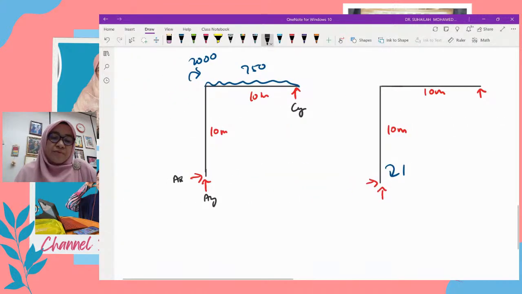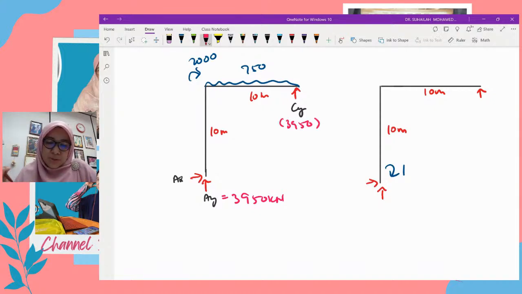Sorry, this is CY, 3950 kilo Newton. So what is AY? AY is 750 times 10, minus 3950. It is 3550. So AX is equal to 0.